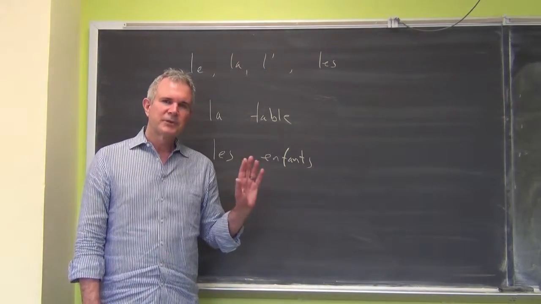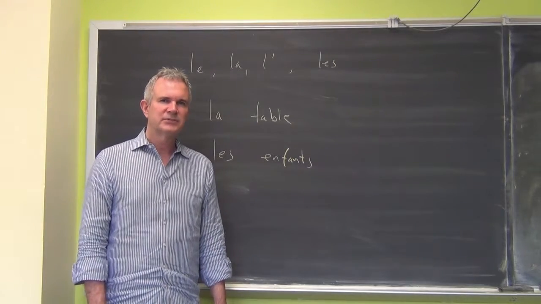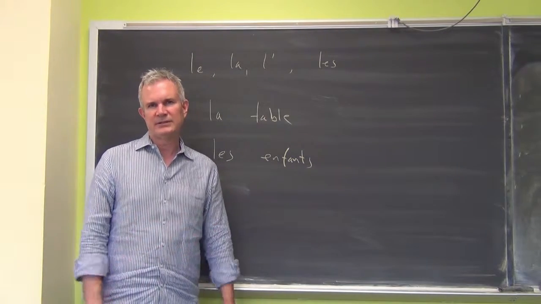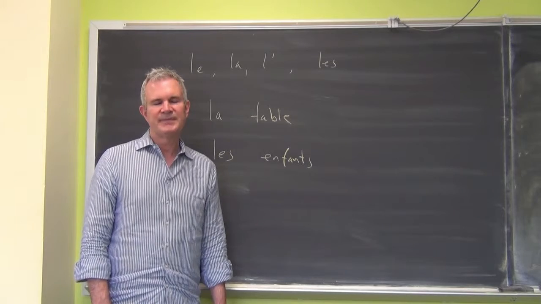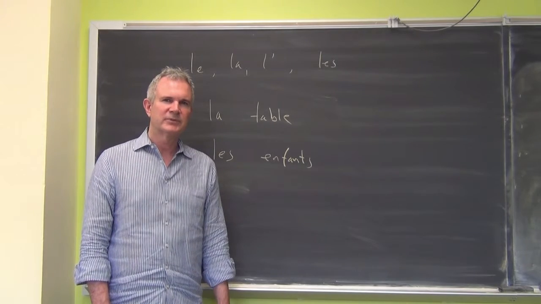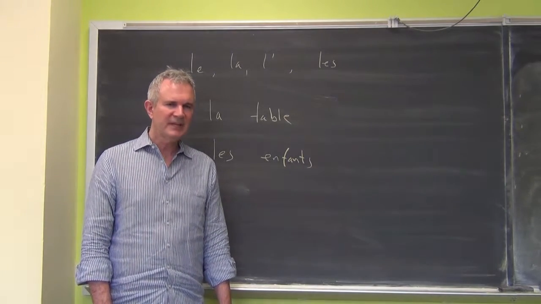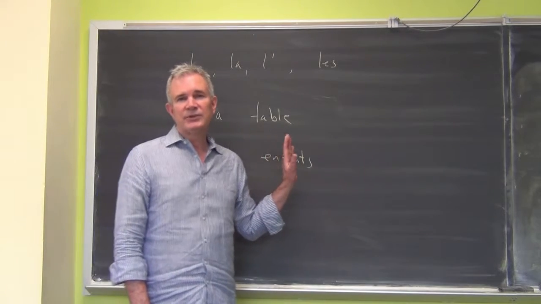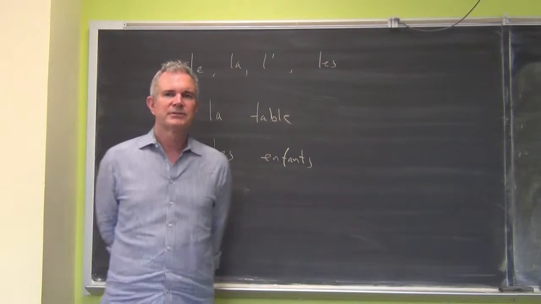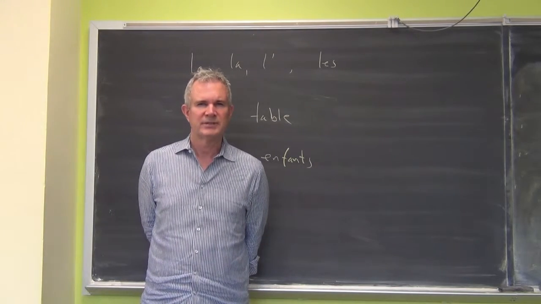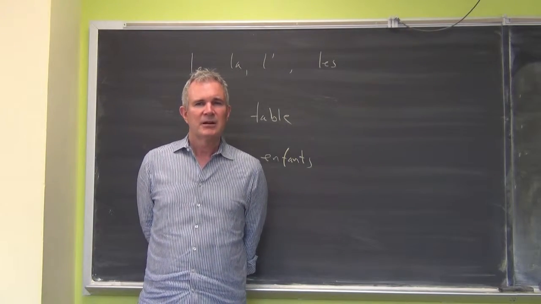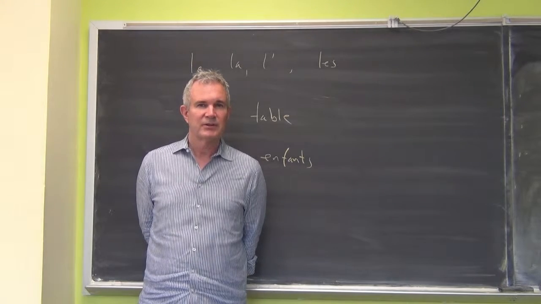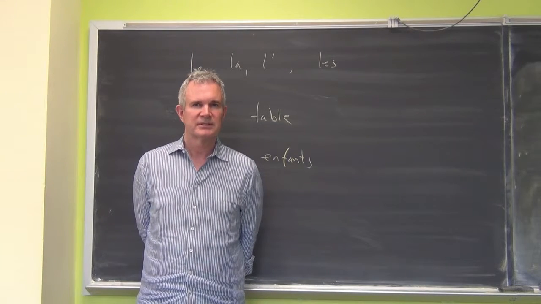The two most important in French are à, which generally means to or at, and de, which means from or of. Those two combine with definite articles to create a whole set of different forms.